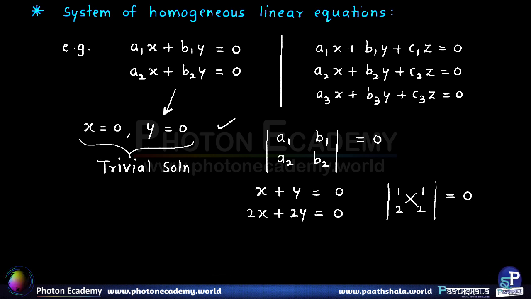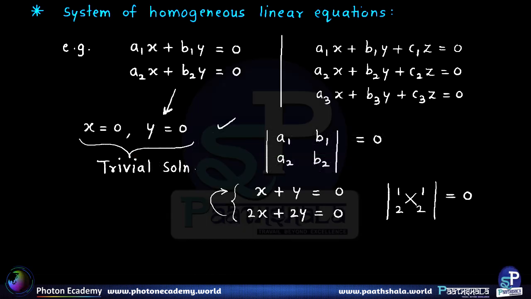Now what does this mean? If we divide the second equation by 2, we are going to get back the first equation, isn't it? So that means these two equations are not really two different equations but one and the same equation, which is nothing but, say, x plus y equal to 0.